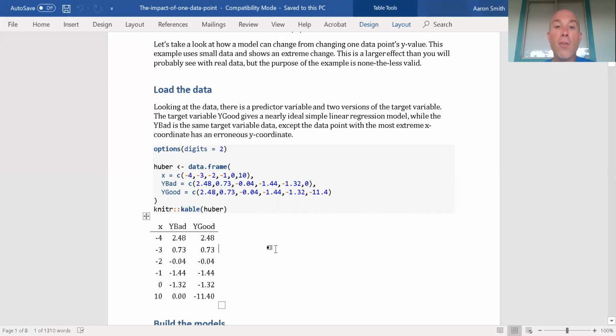Now, this is a very small data set, so realistically, we probably wouldn't have this extreme of an issue as what I'm going to show you today, but this is an extreme example to help drive the point across how having a bad observation in your data set will throw off your model to some degree.